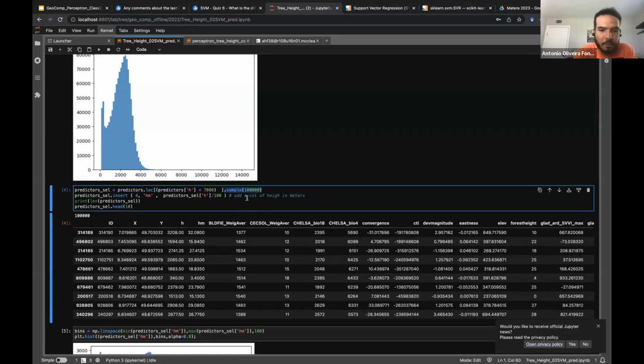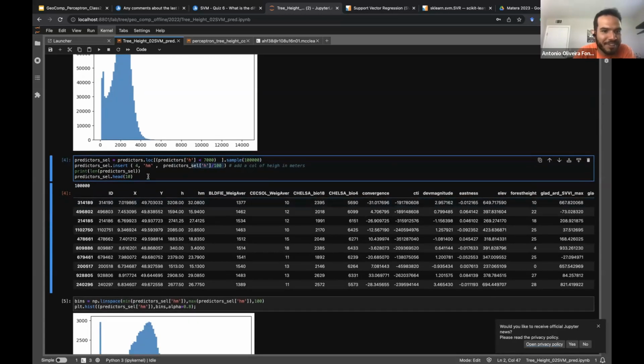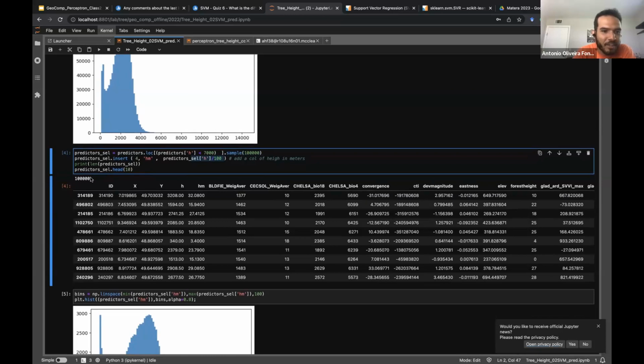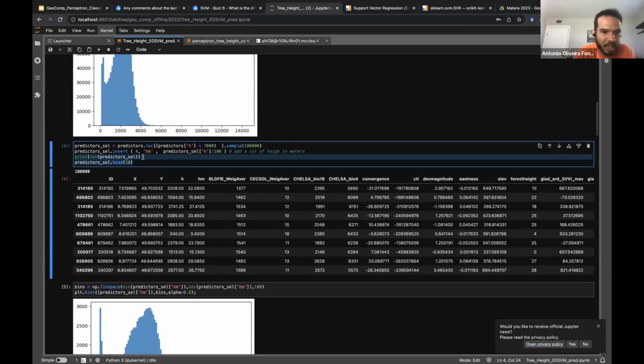Pepe very cleverly then does this transformation from centimeters to meters. Thank you, Pepe. That's very useful. And now you see that the length of this table is 100,000 because we did this sampling, and here we are plotting again the top 10 rows.